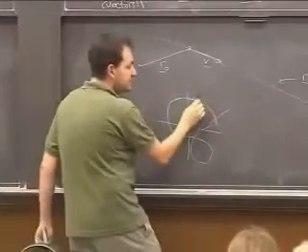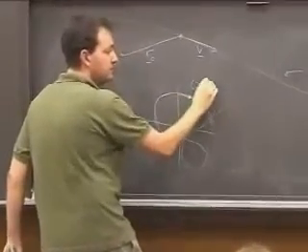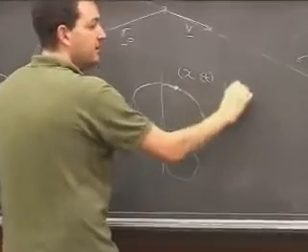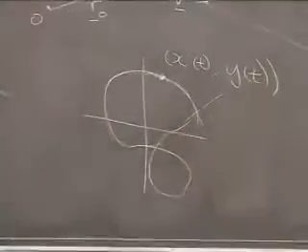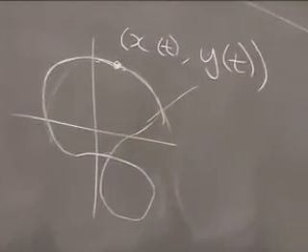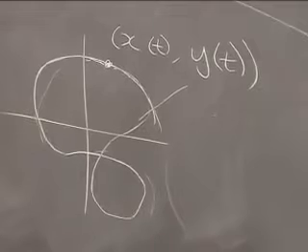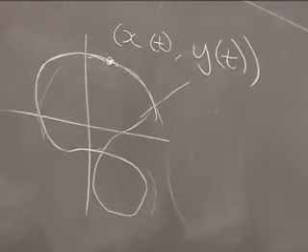At time t, you can write down its coordinates as x of t, comma, y of t. So both the x and the y are functions of another variable. In this case, I call it t, and think of it as time. It's not a bad way of thinking of it, and that tells you where it is at any time.